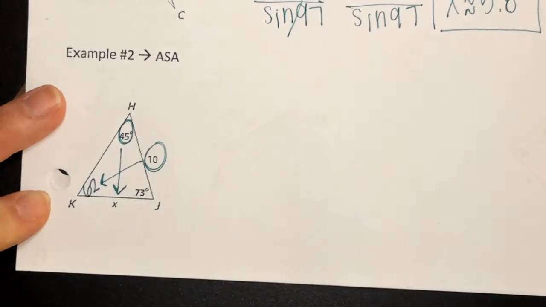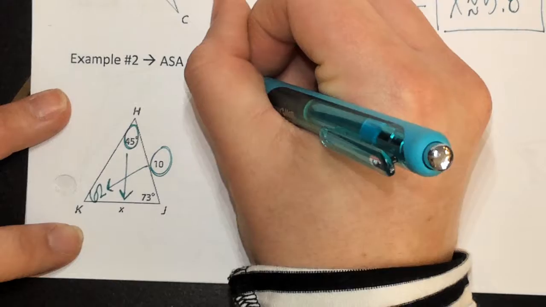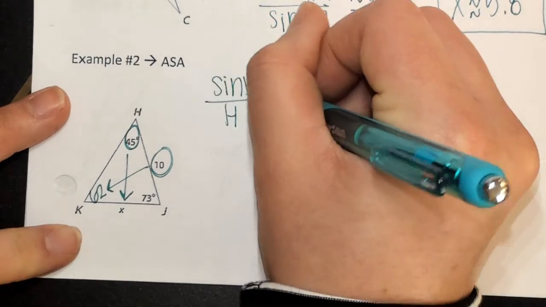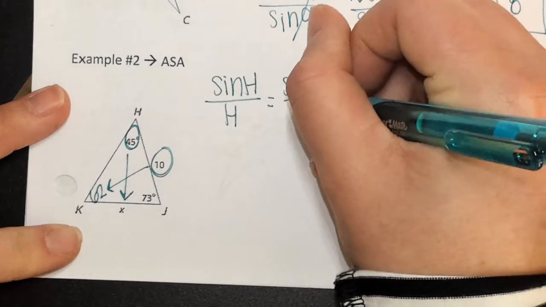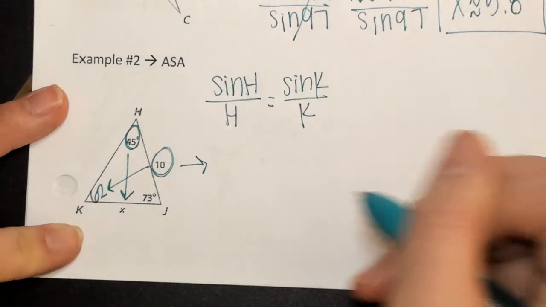Now let's set up our proportion. I'm not going to make you write out the letters again. If you like to, you can. I would write sine of h goes with h. Does that have to be in alphabetical order? No, doesn't matter the order. Sine of k goes with k. You don't have to write that. I just want you to know where I'm getting this stuff from. Okay, so if you want to, you can start here.